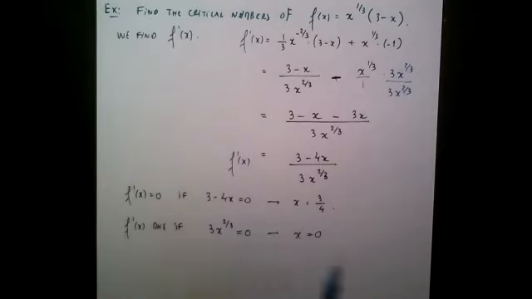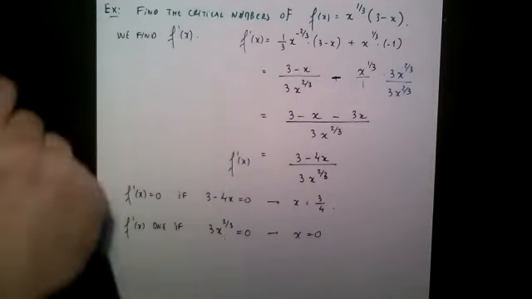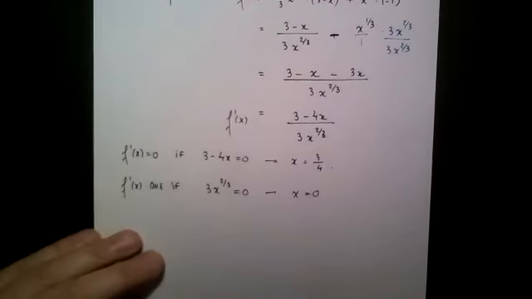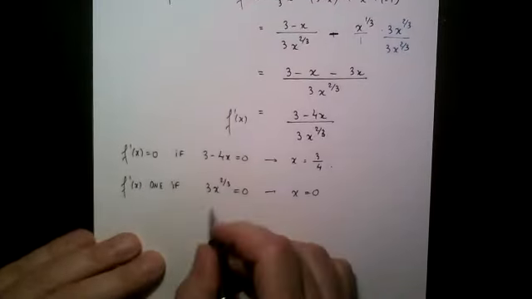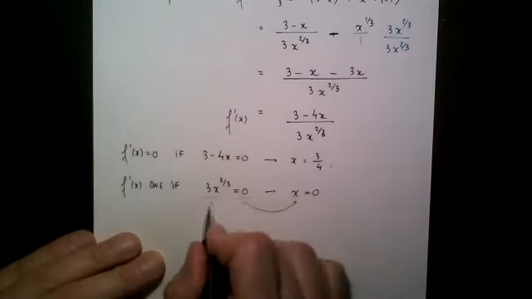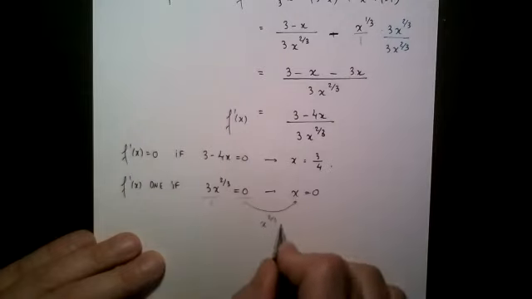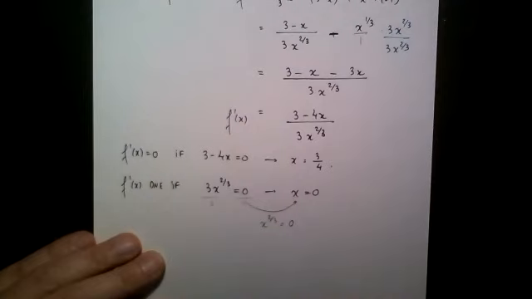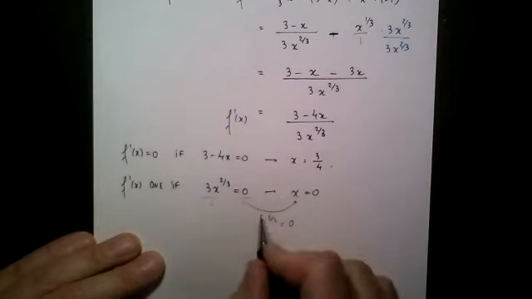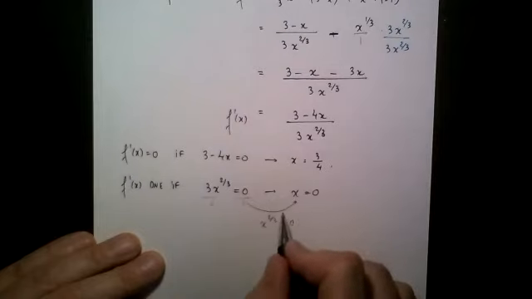Sure. Yes? I know why f prime of x does not exist, but why is x equal 0, after the arrow? This here? Yeah. How would you solve this? Let me solve. Okay, so from here to here, I divide both sides by 3. So x to the 2/3 is equal to 0/3. Is that okay? And then I'm going to raise both sides to the power 3.